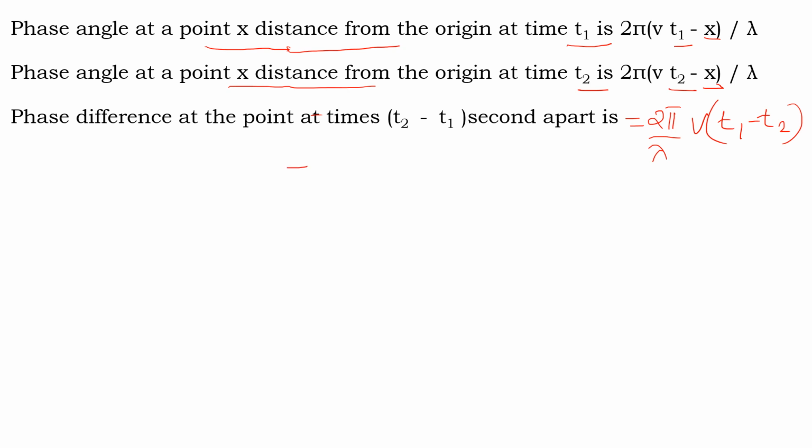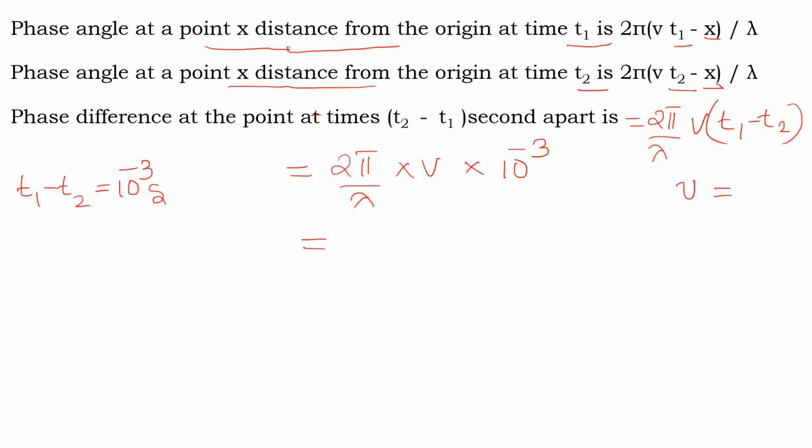Substituting this value, that is 2 pi by lambda into v t1 minus t2. t1 minus t2 is given in the problem as 10⁻³ second apart. Therefore, it will be 10⁻³, and here the lambda, we know that the frequency nu is equal to velocity by wavelength.